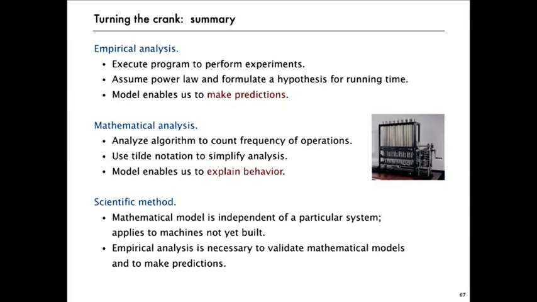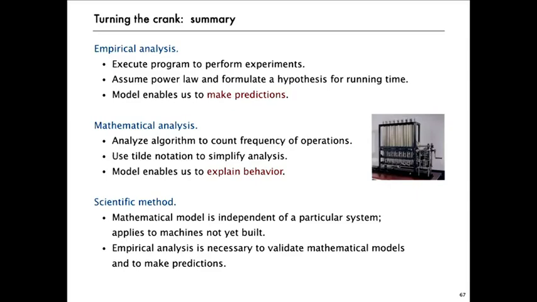But we can do more. We can do mathematical analysis, where we can identify the most costly operations, analyze the frequency of execution of those operations, and using the tilde notation to simplify analysis, we can actually explain the behavior, not just predict it.